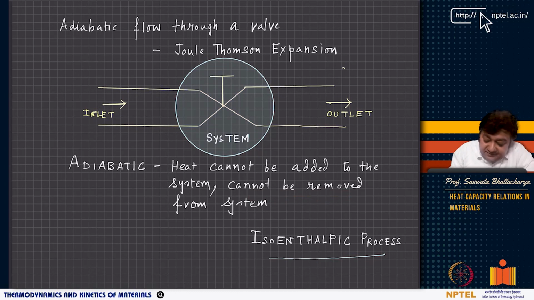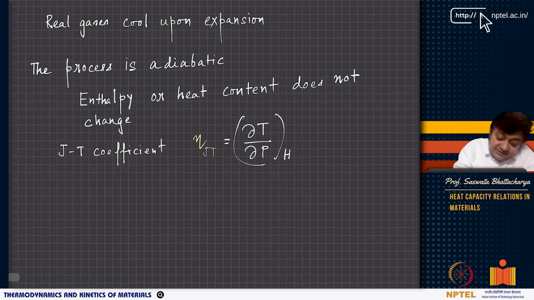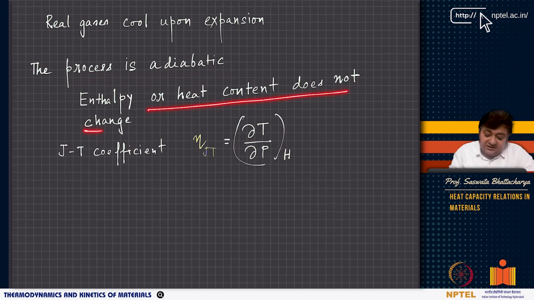So you press a gas here, and then you move a piston this way, and you will see that the gas expands, and while the real gas expands, it causes cooling. This is something that we will show. Real gases, as I was telling, cool upon expansion, and this process is adiabatic. That means the enthalpy, or heat content, does not change.